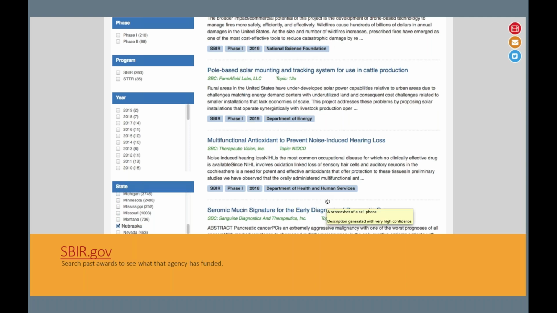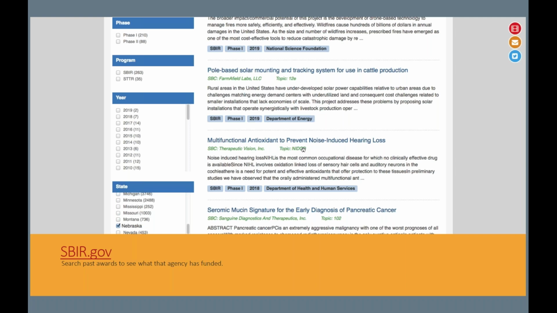So once you know the agency, whether it's the Department of Health and Human Services, Department of Defense, Department of Energy, National Science Foundation, Department of Transportation, what have you, now you have some keywords you can use, and then I would just say Google. So you would search Department of Energy SBIR Program Manager.